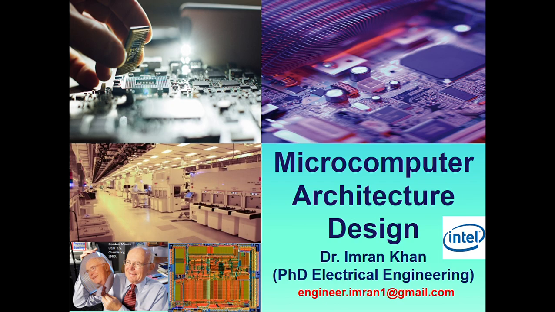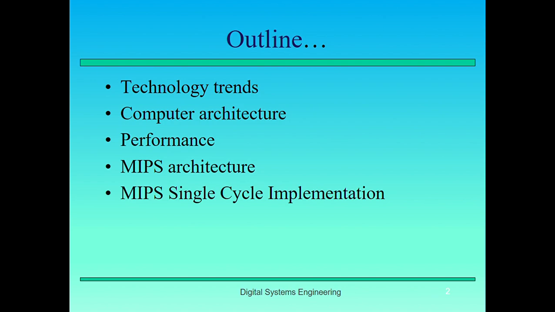There are five basic units of a microcomputer: input unit, memory unit, arithmetic logic unit, control unit, and output unit. So in today's lecture, we are going to discuss microcomputer architecture in detail. Outline.